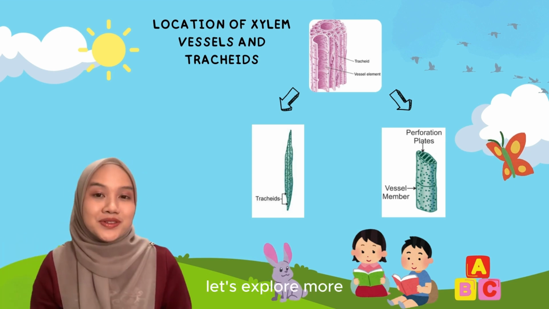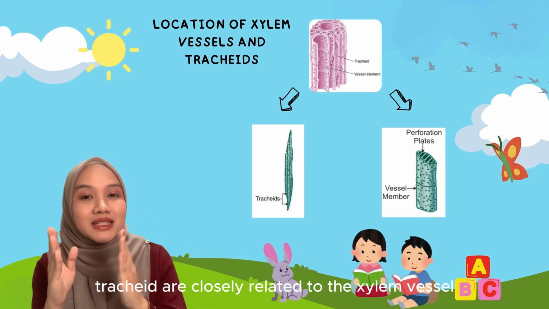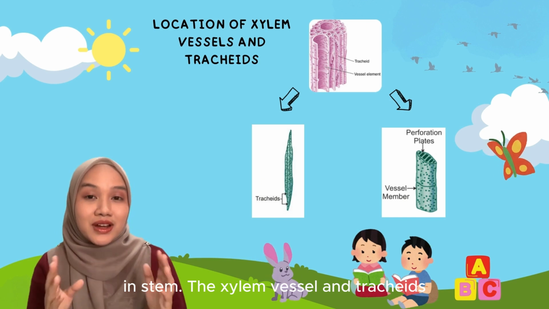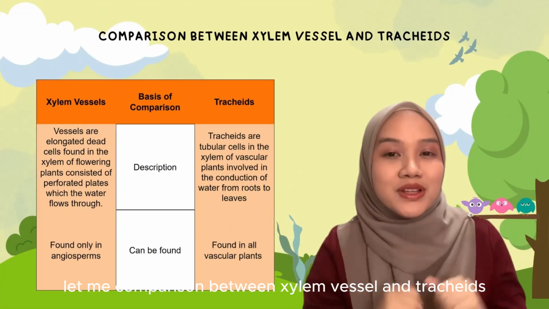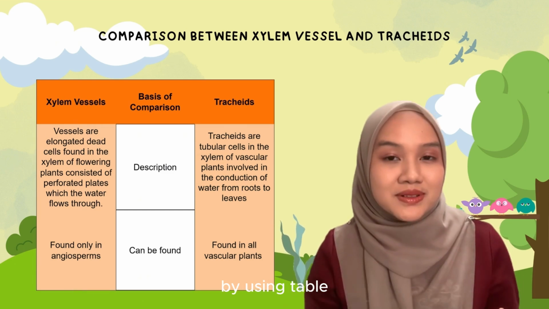Let's explore more. As you can see, tracheids are closely related to the xylem vessel in the stem. The xylem vessel and tracheids are both water conducting cells. To understand more details, let's make a comparison between xylem vessel and tracheids by using a table.